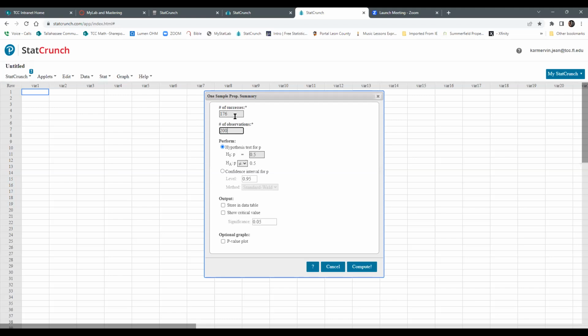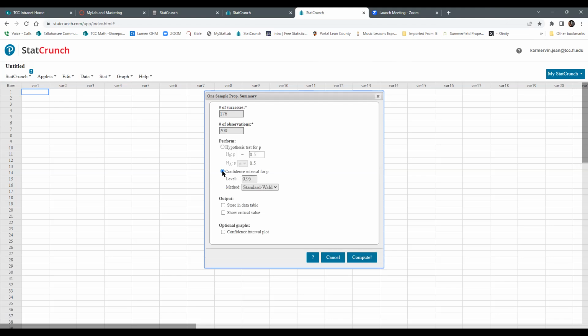Okay, so don't touch anything there. Then you're going to click on the confidence level right here and put the confidence level. Your confidence level is 0.90 in this example. All right, that's all you have to do. Press compute.